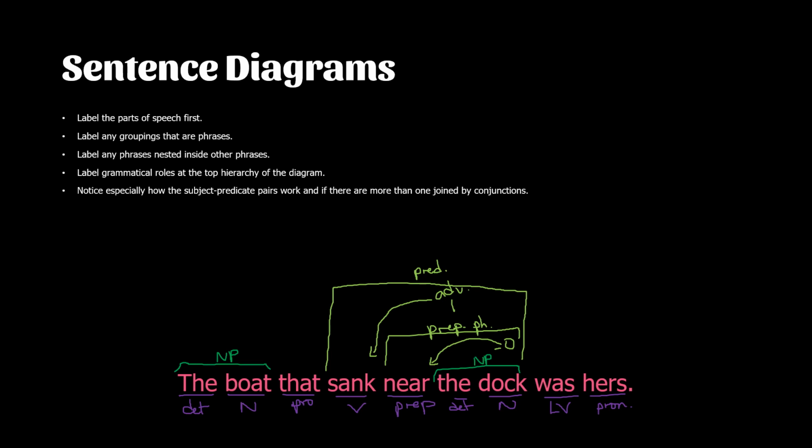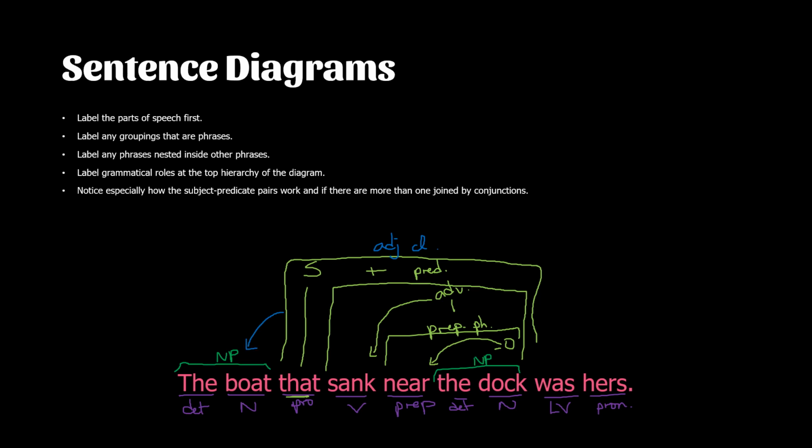What's the subject for this predicate? So what sank? The boat, but the boat is way over here. I have this pronoun in between. So this pronoun is actually the subject for this predicate. And all of this together is an adjective clause describing which boat I'm talking about.